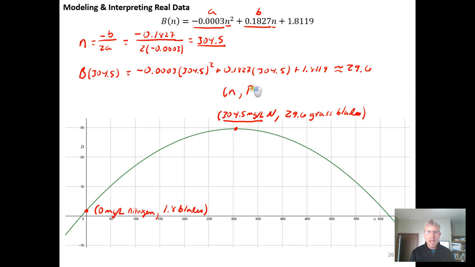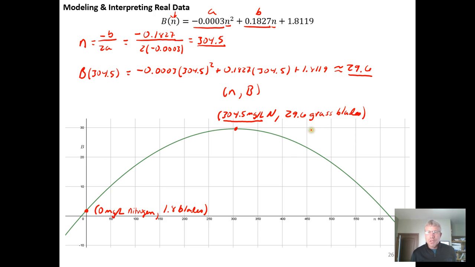And now we just need the output in blades of grass. So we just plug negative b over 2a into the model for n. So with 304.5, we plug it in, pop it into a calculator, and I get an approximation, which I rounded to the nearest tenth. So the interpretation here is that if I fertilize with 304.5 milligrams per liter of nitrogen, the model is projecting that I get 29.6 blades of grass grown.